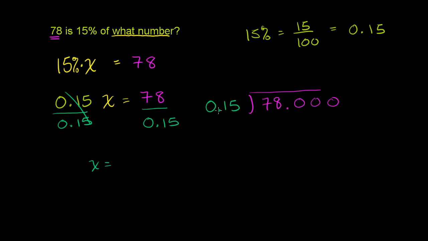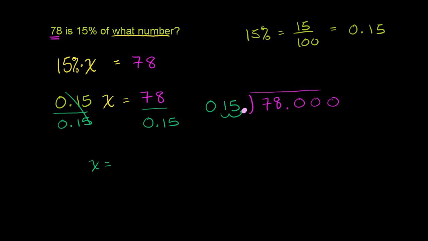To simplify things, let's multiply both this numerator and this denominator by 100. And that's so that 0.15 becomes 15. So 0.15 times 100 is 15. We're just moving the decimal 2 to the right. Right there, that's where our decimal goes. And if we did that for the 15, we also have to do that for the 78.